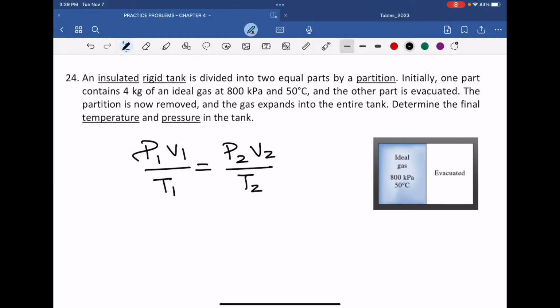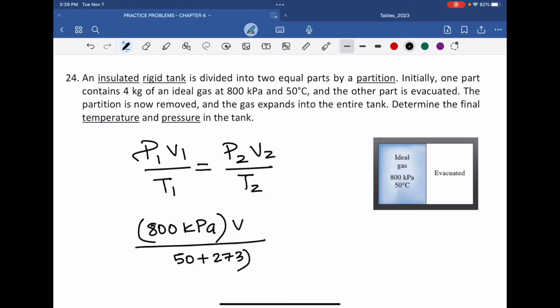So we know P1. If we say V for the initial volume, T1 is 50 plus 273.